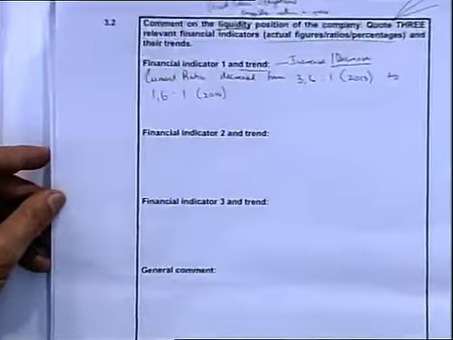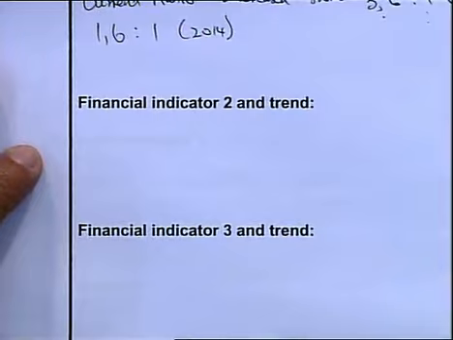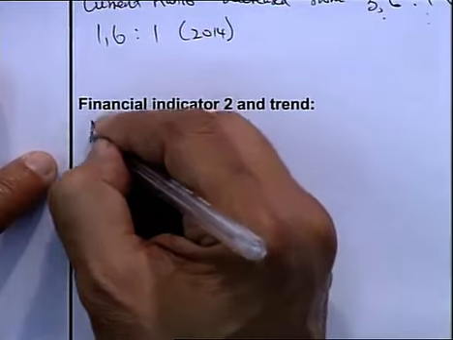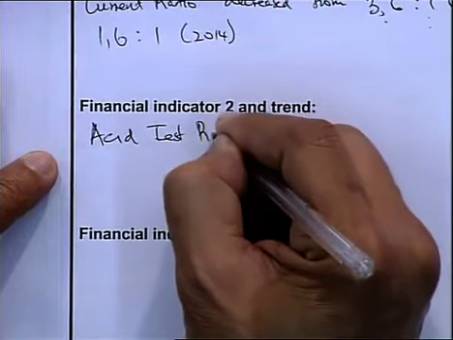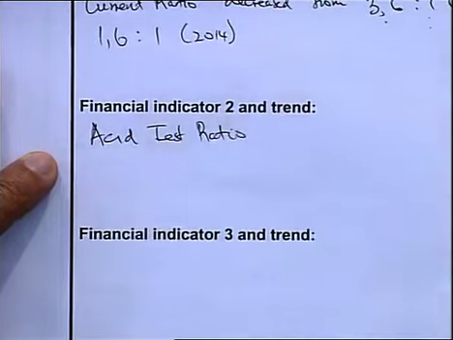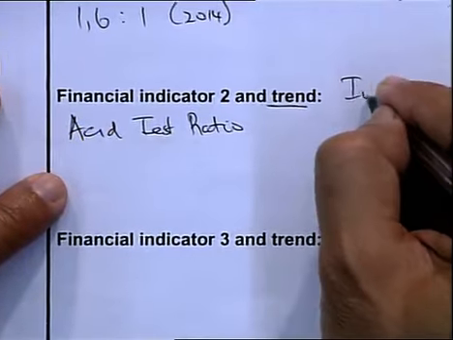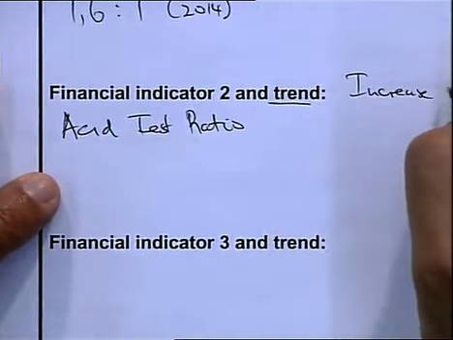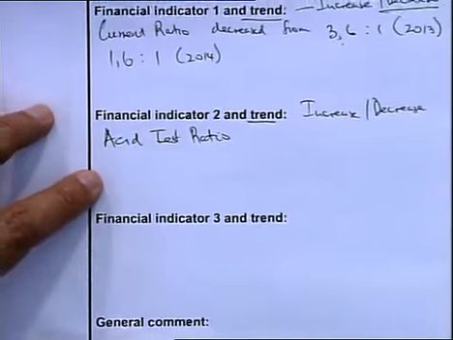Just get back to this liquidity thingy again. Second financial indicator, we said we're going to take the asset test ratio. So we talk about the asset test ratio. What happened to that? The trend, remember, it's either an increase or a decrease.